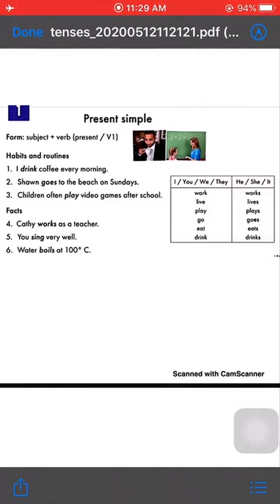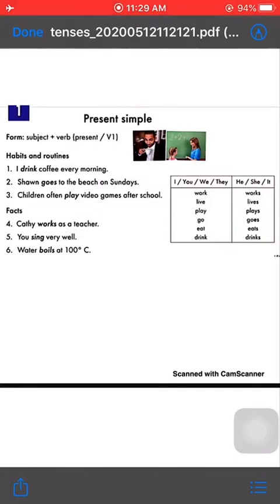Now here see, Sean goes. यहाँ पे क्या लगा? ES. Why do we use ES? That also you should know. S with the plural and ES with the singular. Okay, children often play video games after school. So these are some habits and routines.